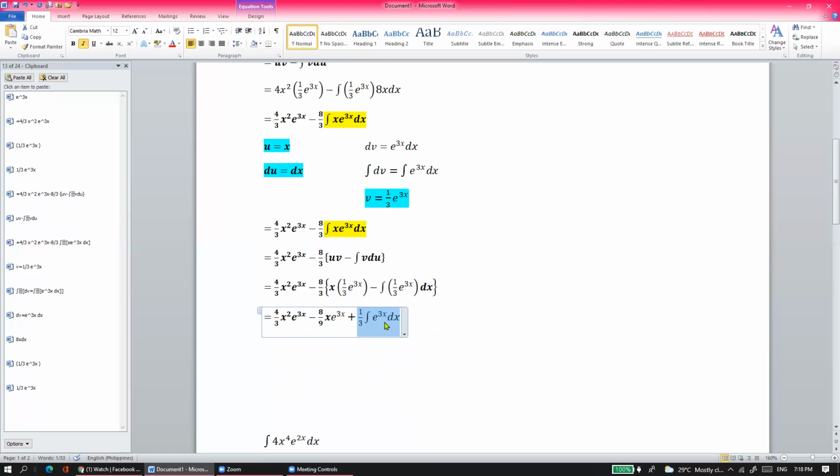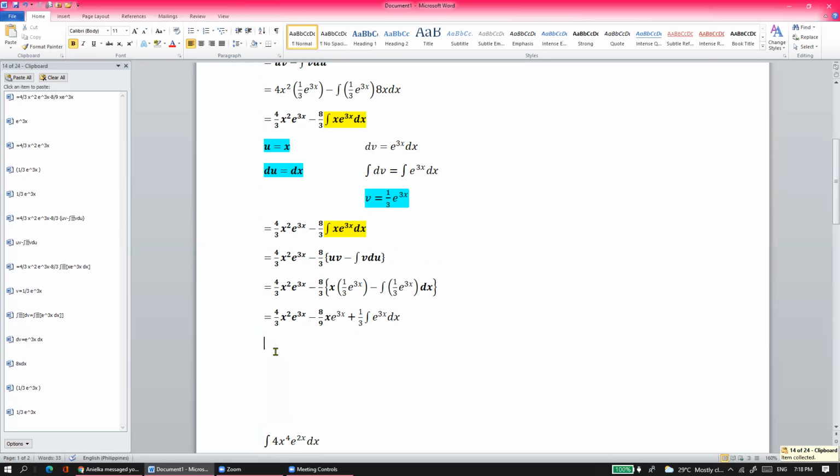So, ibig sabihin, pwede nang i-solve yung problem. Okay? Wala na kasi yung variable x dito. So, wala nang conflict. Madali na lang i-compute yung ating given integration problem. Can you follow? Klaro ba mga anak?